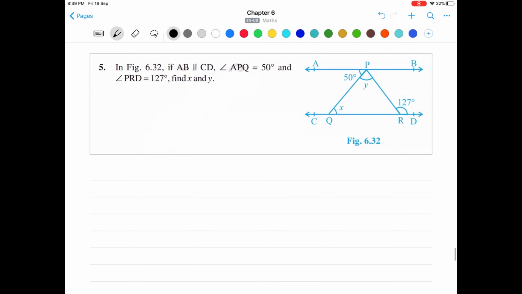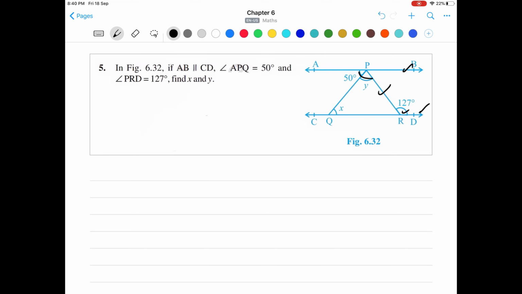Now moving to the next question, we have question number 5. It says in figure 6.32, if AB is parallel to CD and angle APQ is 50 degrees, and angle PRD is 127 degrees, find X and Y. As this angle is given 127, the sum of these two angles also has to be 127, because these two lines are parallel, and this PR is a transversal.